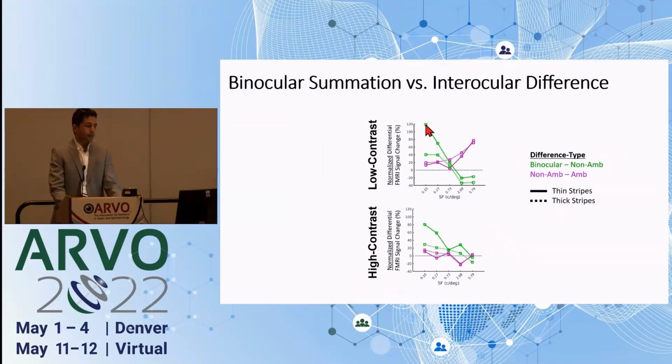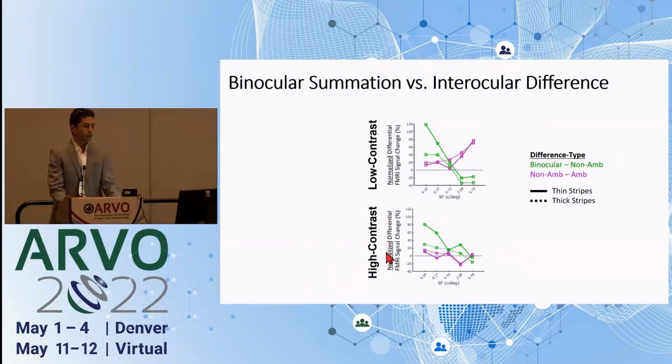You can see that the level of binocular summation enhancement is larger for thin stripes compared to thick stripes, while the difference between the two eyes is almost, on average at least, the same in these two neuronal clusters. When it comes to neuronal inhibition, you see here that the level of inhibition is slightly larger in thick stripes compared to thin stripes.